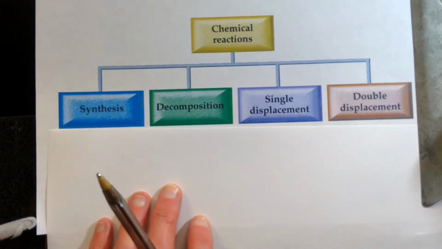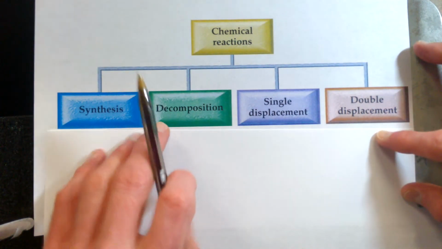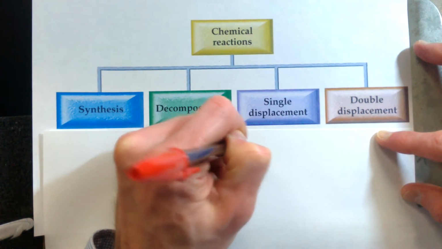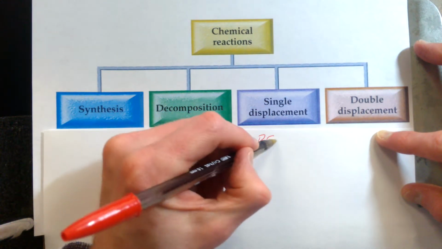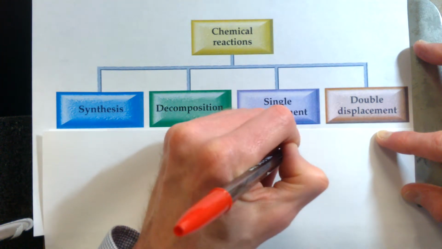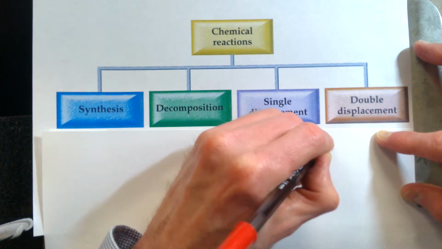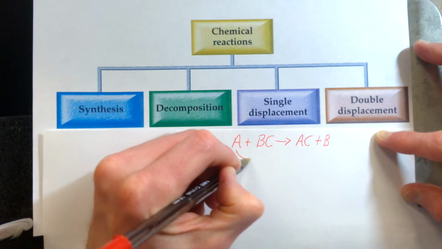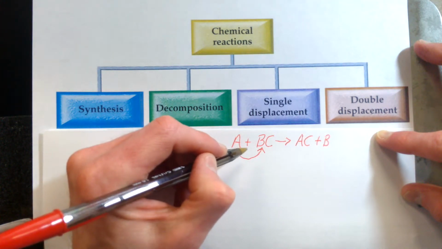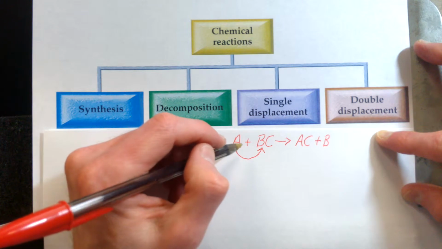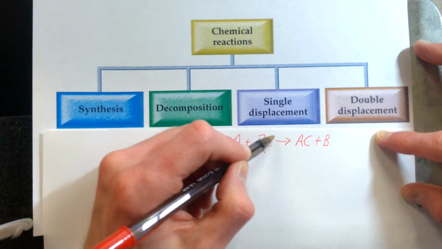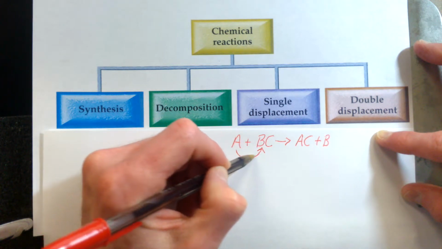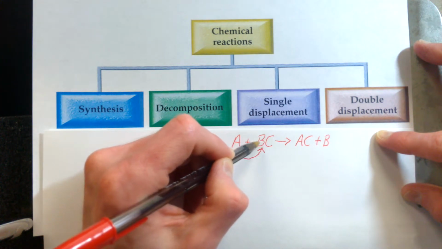So for a single displacement, often it'll have the template or the appearance of A being an element plus BC, and it yields AC plus B. We have a single element coming into a single compound and displacing it. Now, often this BC, this compound, will be an aqueous solution, and we will drop in an element, and then it will ionize and displace one of the elements.